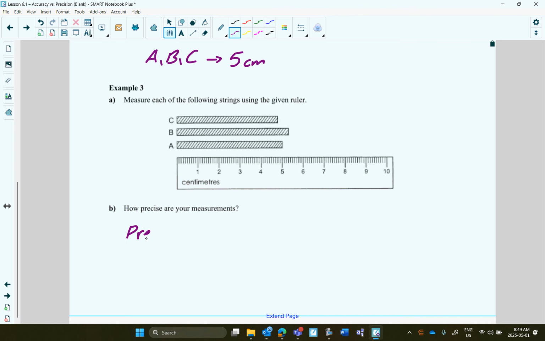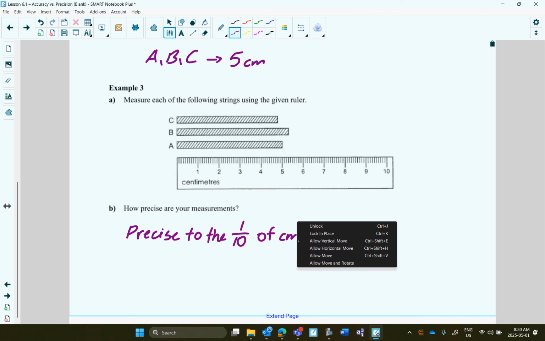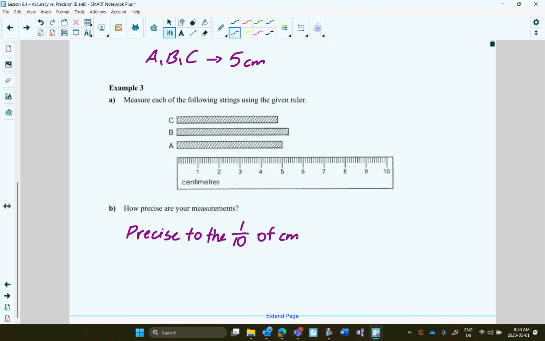So precise to the 10th of a centimeter. Or we could say 0.1, because that's usually how we state. We don't usually write them as fractions. We write them as decimals. So now we can be a little bit more precise.